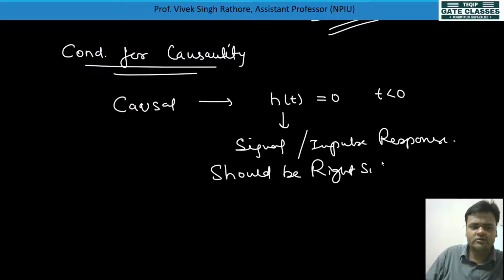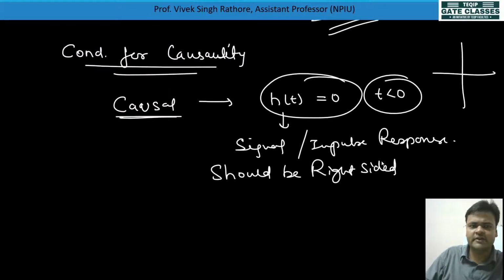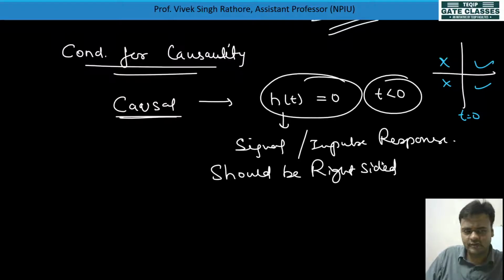Its main condition is that it should be 0 for t less than 0, so it should not occur on this side. It will occur only after t equal to 0. Only if a signal or impulse response exists after t equal to 0 can we say that it is causal.